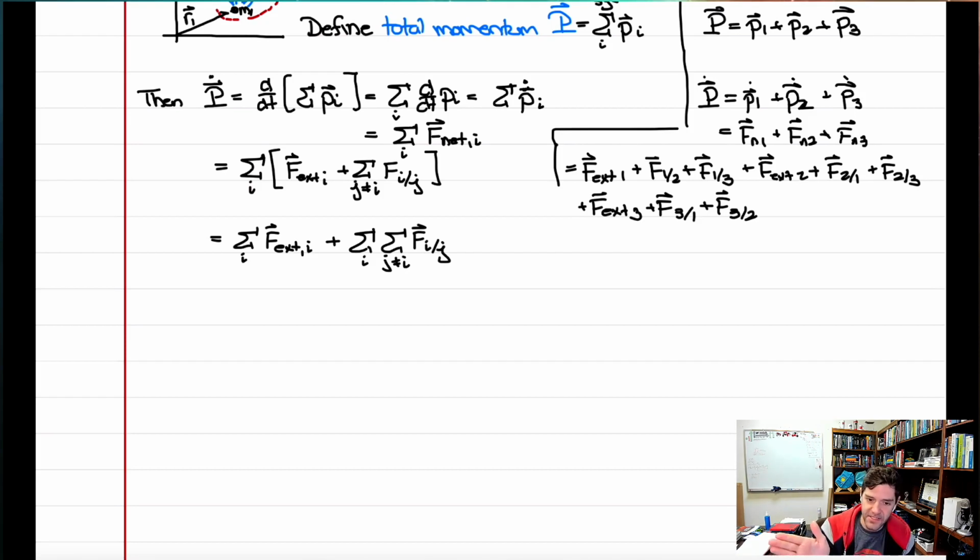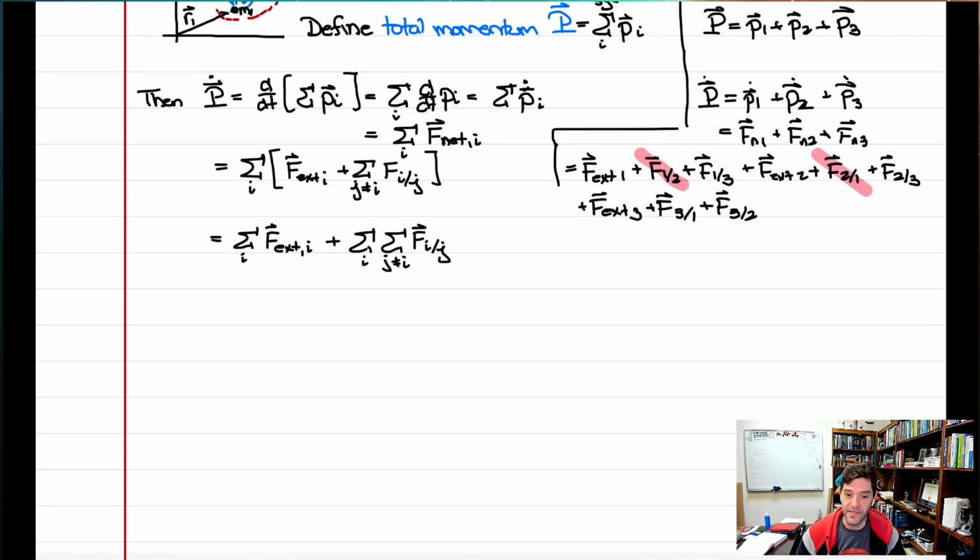But here's where having that specific example is helpful, to see the magic. It's not magic, it's math. But you know, the gloriousness of what's about to happen comes by Newton's third law. The force on particle 1 from particle 2 and the force on particle 2 from particle 1 are Newton's third law pairs.